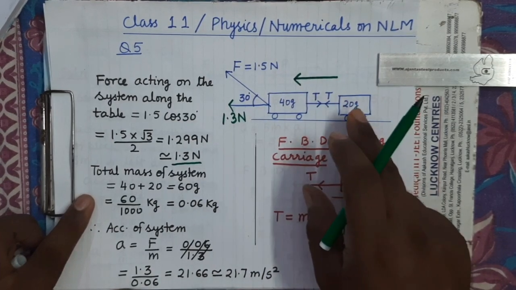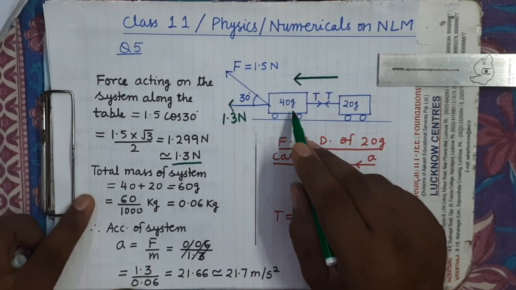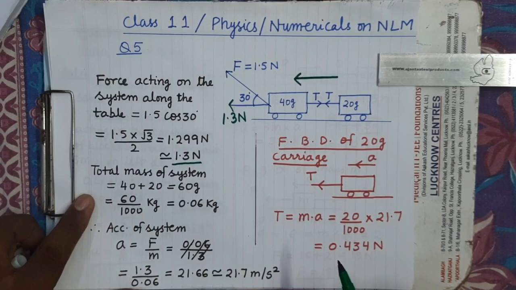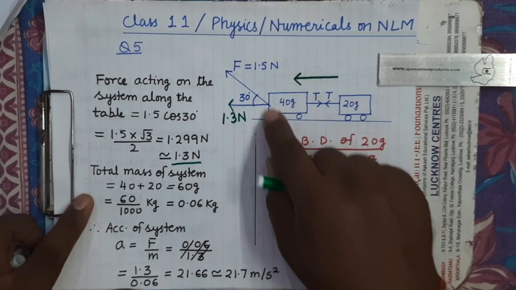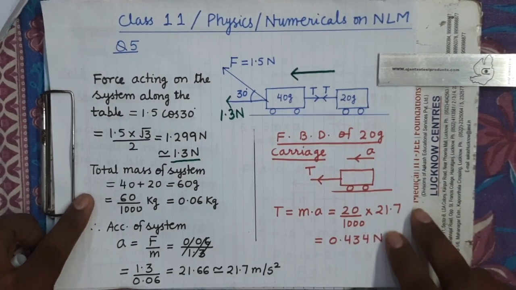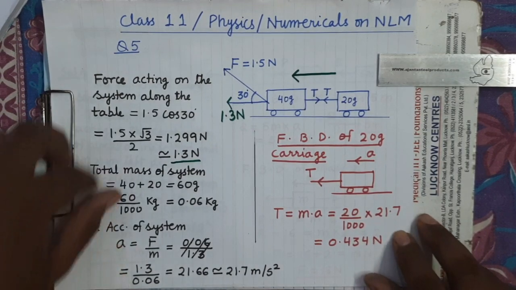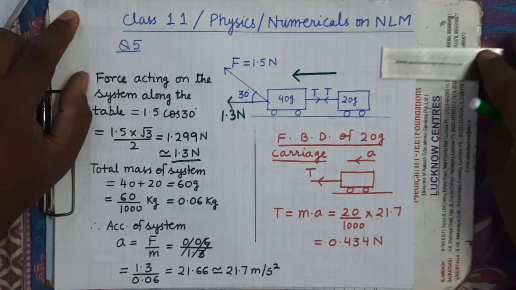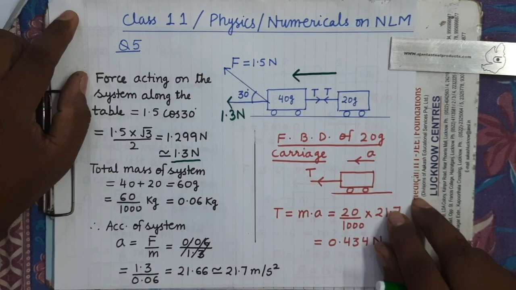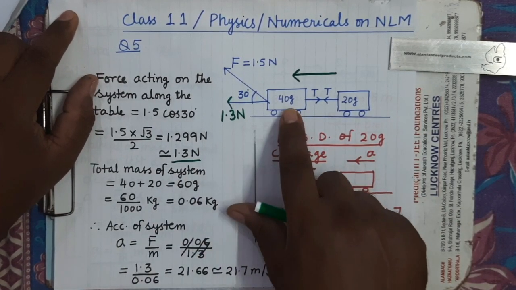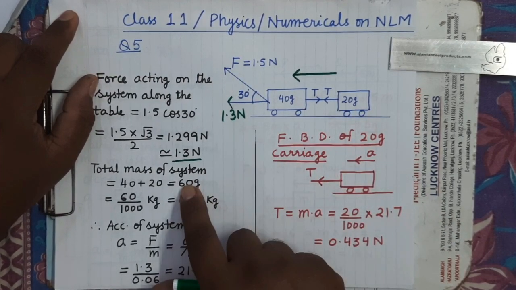Now since both the carriages have the same acceleration, we can treat them together, as a single body, in order to determine their acceleration. It's clear. So what is the total mass of the system? 40 plus 20, that is 60 gram.